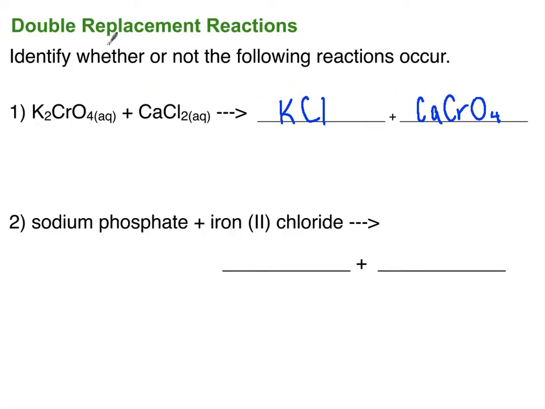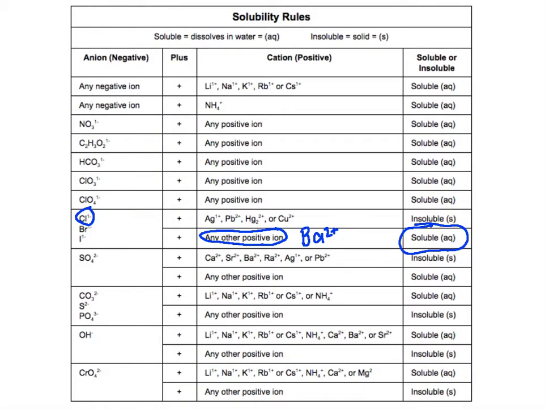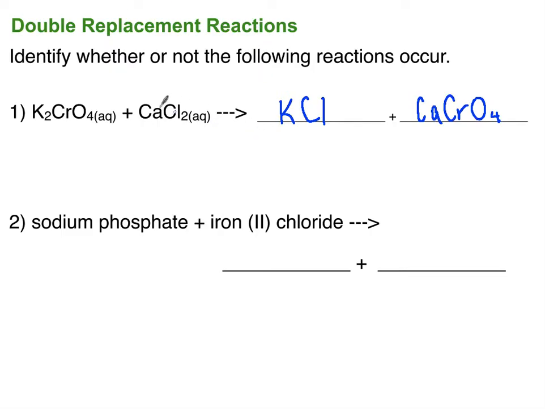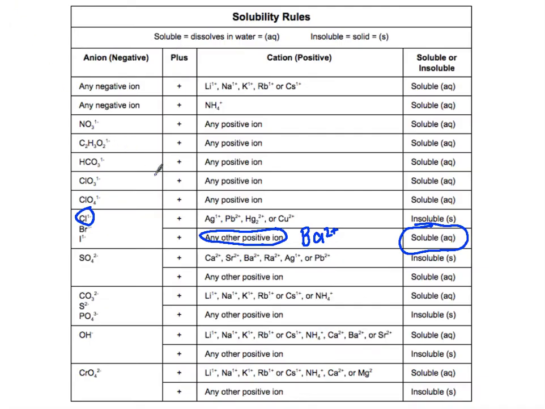So now what we need to do is predict whether or not these products are soluble or insoluble in water. So let's reference back to our solubility rules here. Let's look first for KCl. All right, so KCl, we find Cl right here.